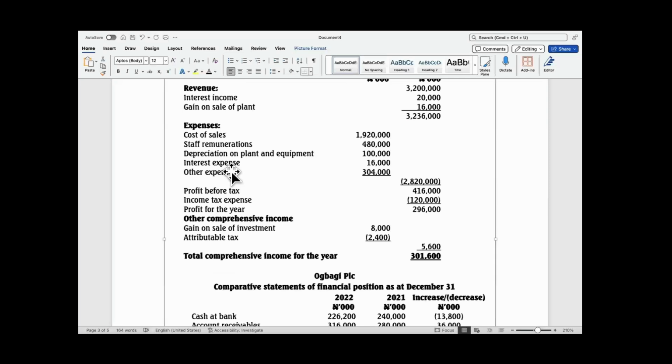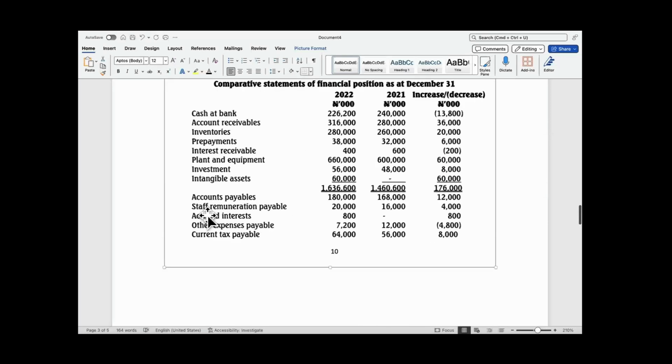Other expenses, 304,000. I paid other expenses of 300,000. Did I pay everything? I go and look for it. I can see other expenses payable. Opening 12, closing 7.2.